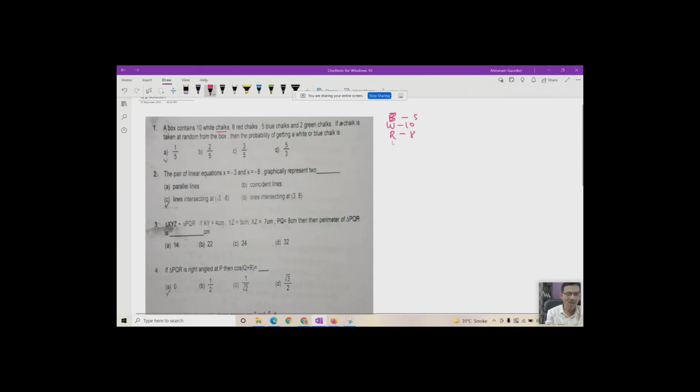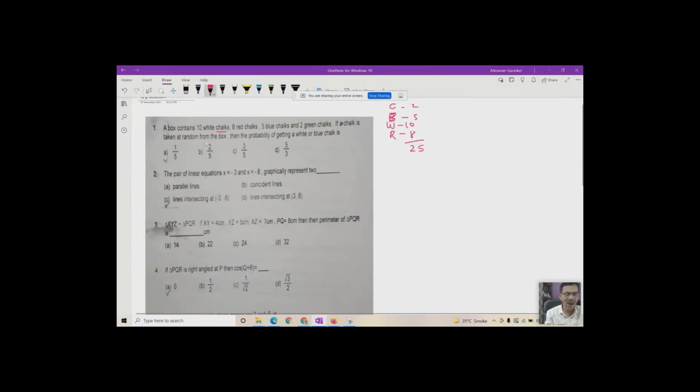So white chalks are 10, red chalks are 8, blue chalks are 5, and 2 are green chalks. So the total is 8 plus 2, 10, 20, and 25. Total number of chalks is 25.